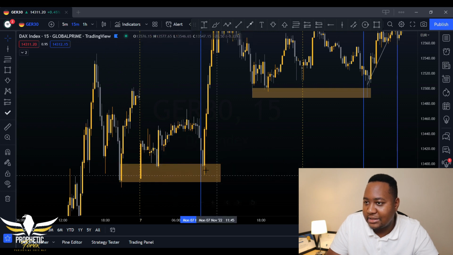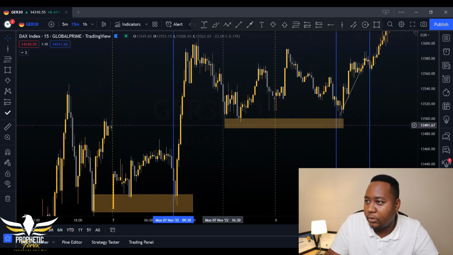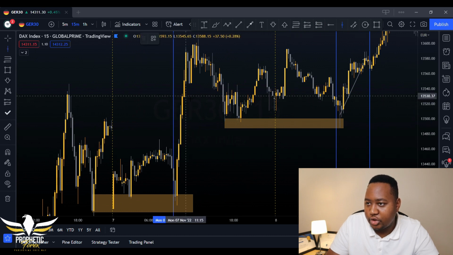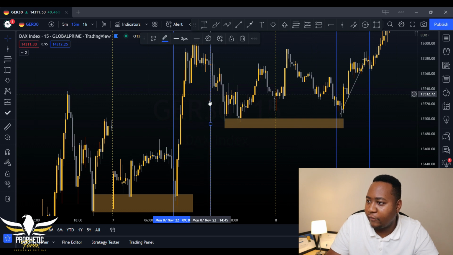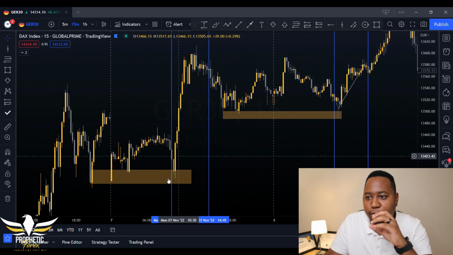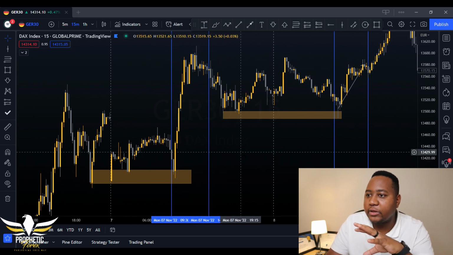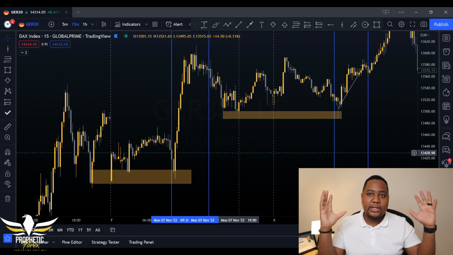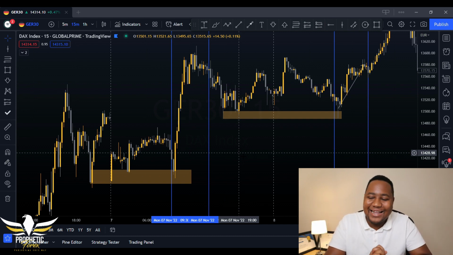The market hit that, and the market started to rally all the way up. If we go again to 1 p.m., 2 p.m., let's go, you can see this was a beautiful move that the market gave us all the way there. Beautiful, absolutely beautiful.